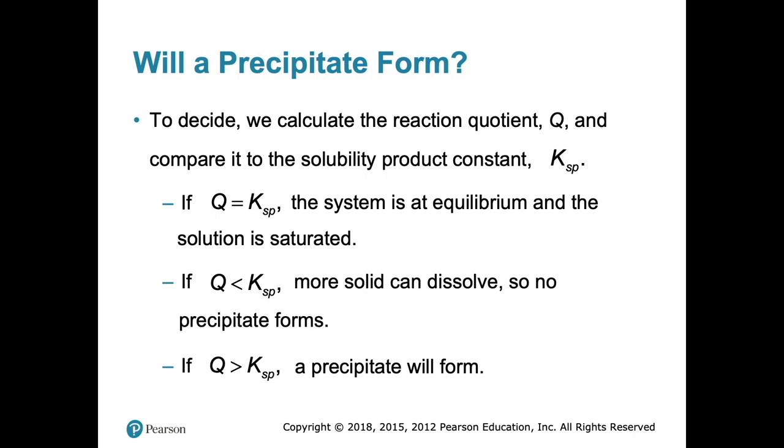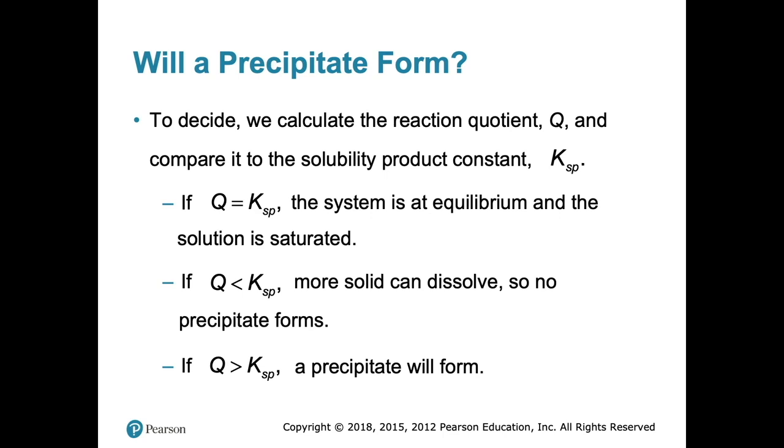Again we have this thing called Q, known as a reaction quotient, and we can compare that with Ksp. So Q, just like it is in acid-base equilibria, has the same formula as the equilibrium Keq.